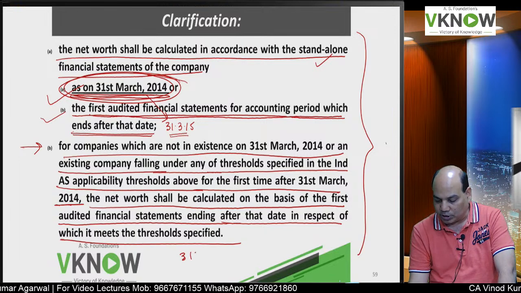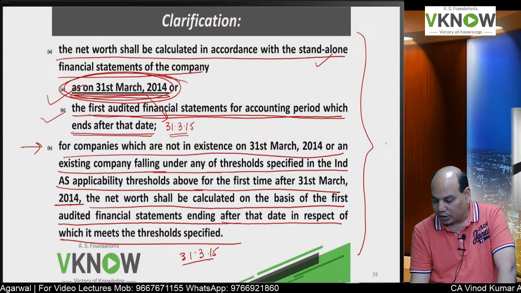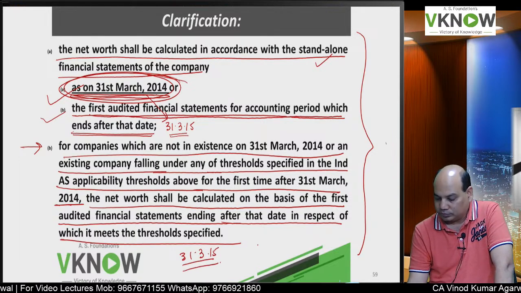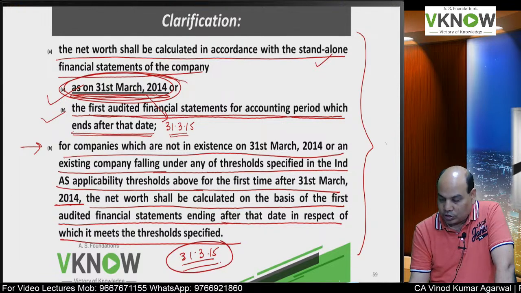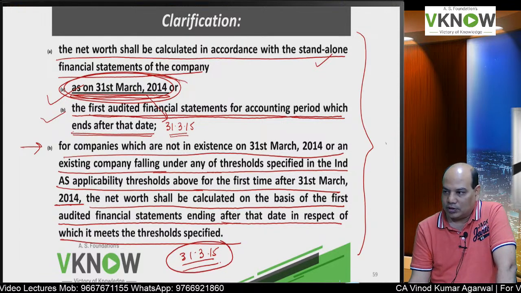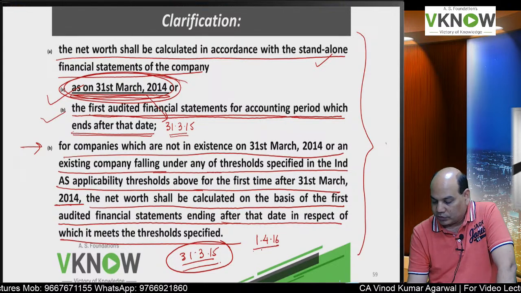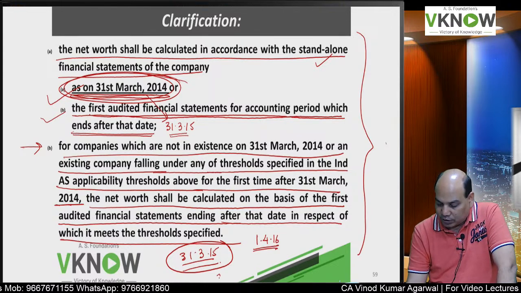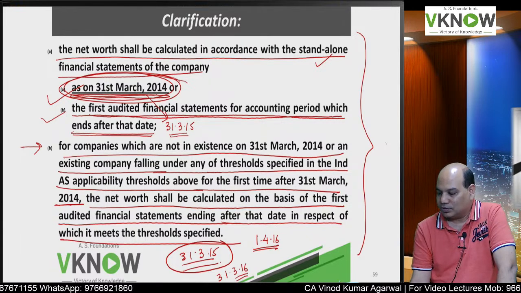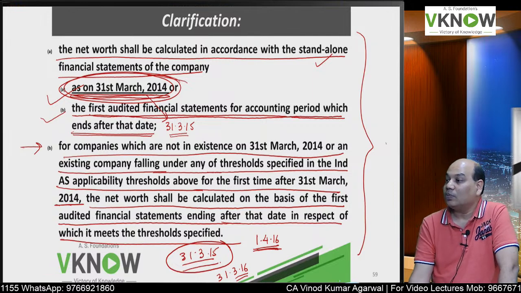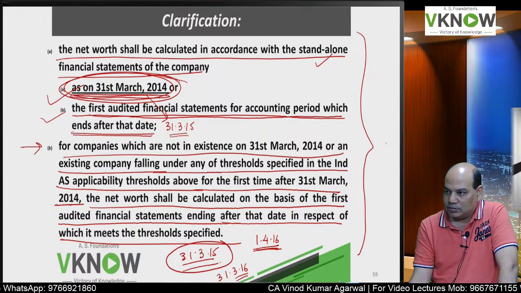So if a company meets net worth criteria on 31st March 15, then also it will start applying Ind AS. And Ind AS first phase is 1/4/16. If its financial statement meets the requirement on 31st March 16, then also it will start applying from 1/4/16.